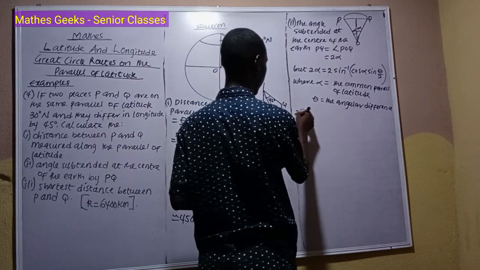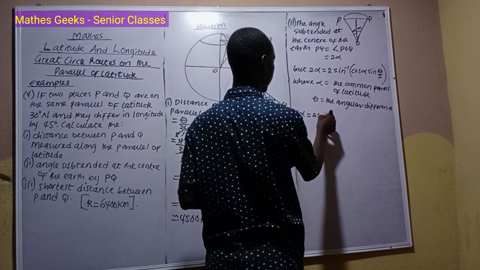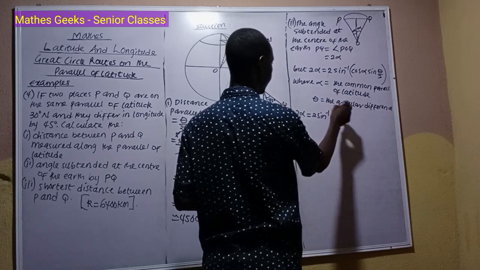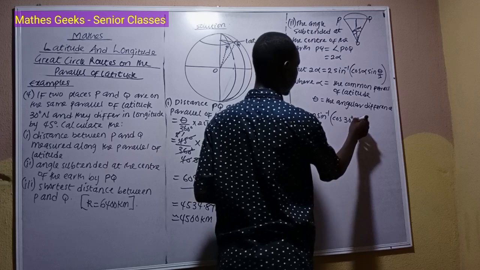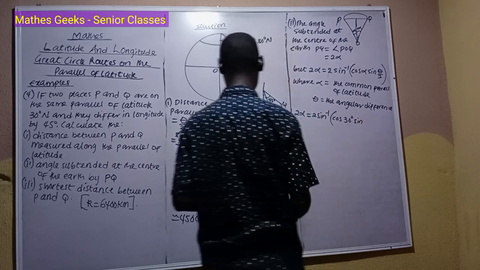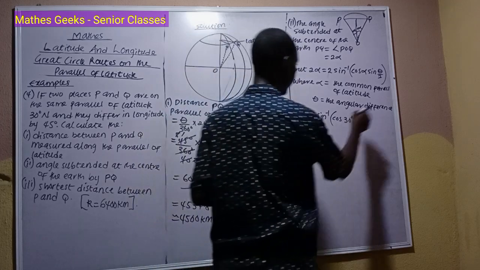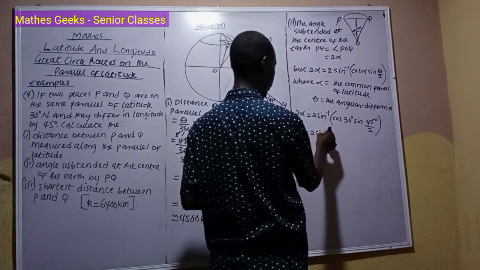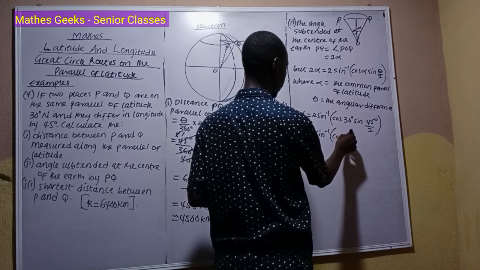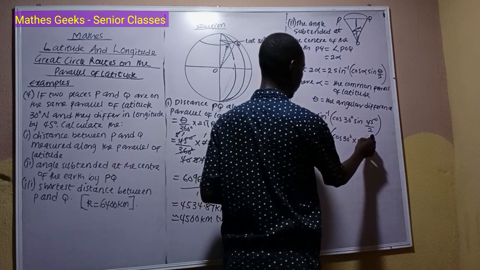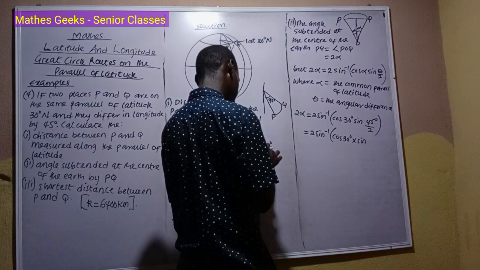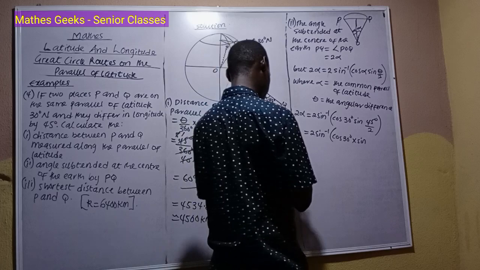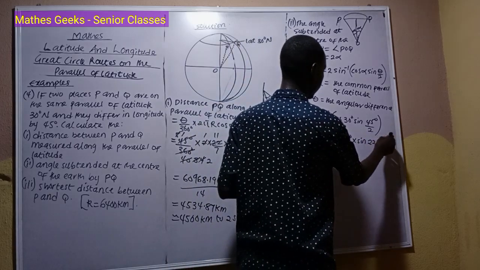So 2 alpha is equal to 2 arc sine cos 30 degrees sine 45 degrees over 2, that is 22.5 degrees.